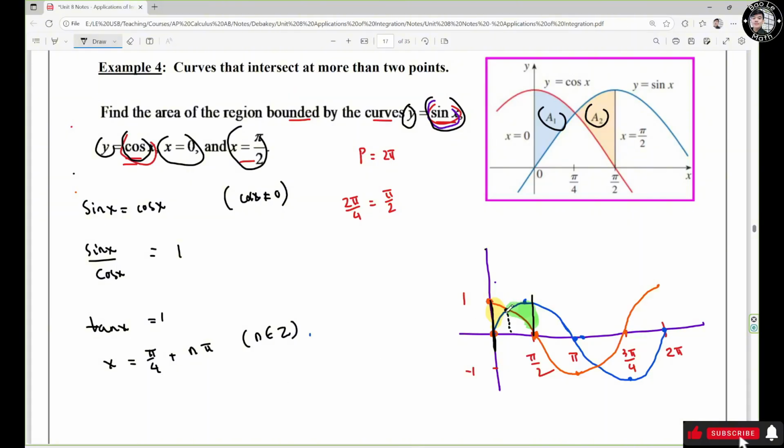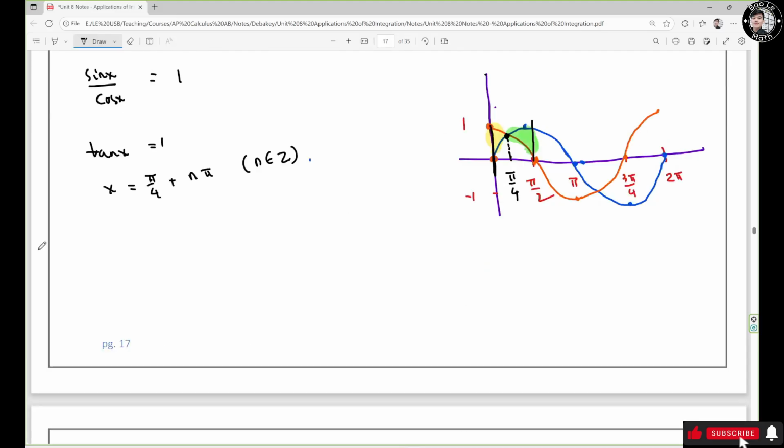Which is right here, pi over 4. Now the error becomes the integral from 0 to pi over 4 of the upper one subtract the lower one. The upper one is the cosine function, the lower one is the sine function. Look, the orange one is above the blue one.